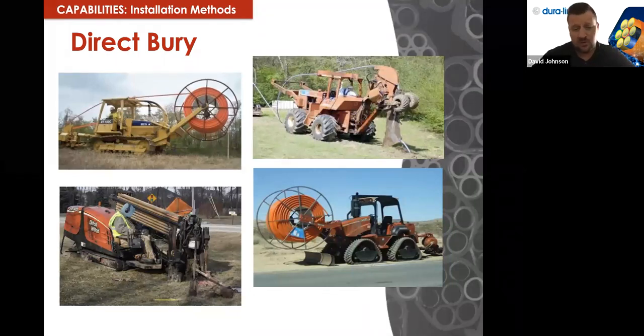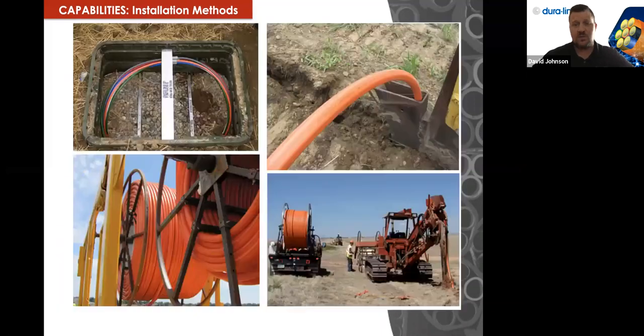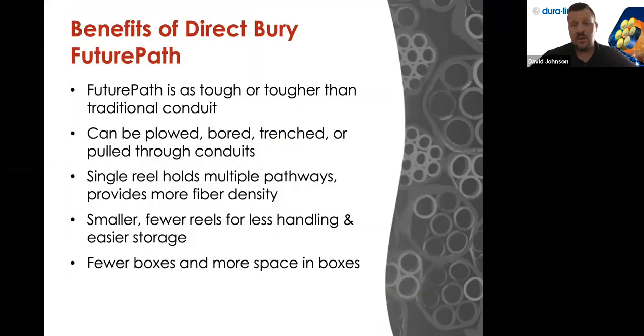Here's some more photos of in-field installations with FuturePath, as well as this slide here, and what customers have done with that slack loop and couplers and connecting from point to point. There's a lot of benefits with this, right? So a typical 2-inch conduit, that's a 7-way 1814 FuturePath configuration.